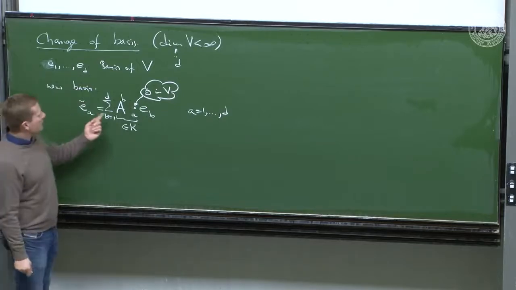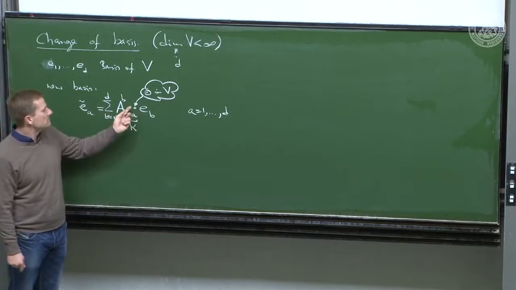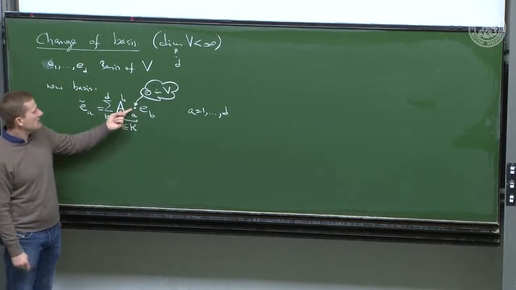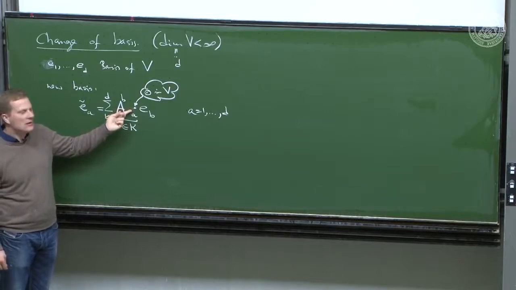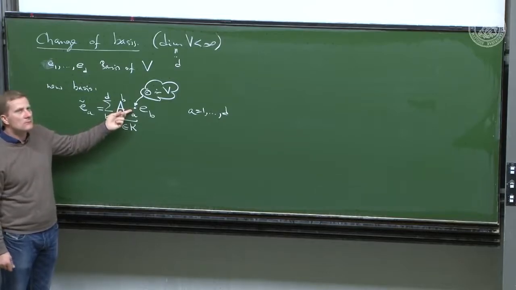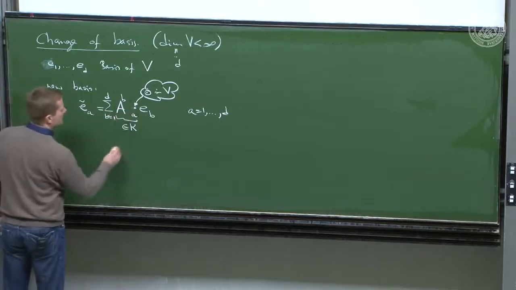Now, not every such linear combination will lead to a basis, because you can easily destroy the linear independence property this way. You could also destroy the linear independence and the generating property. So the point is, there is a condition.